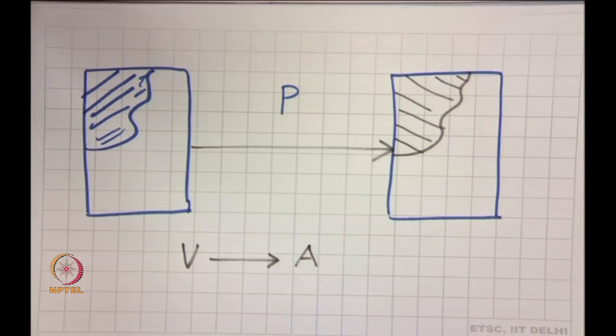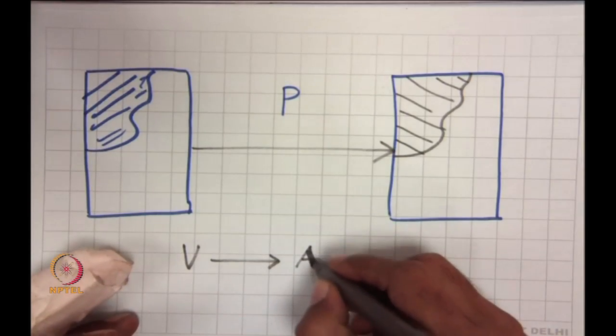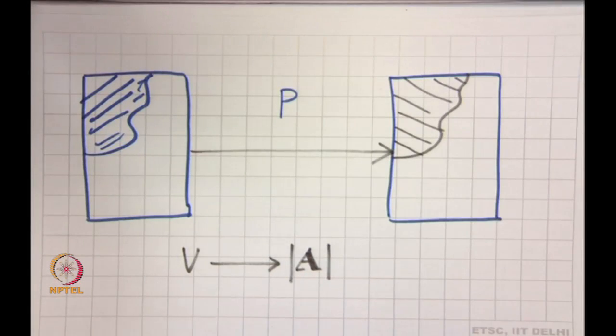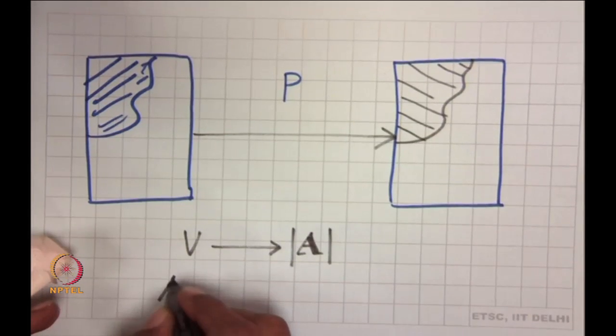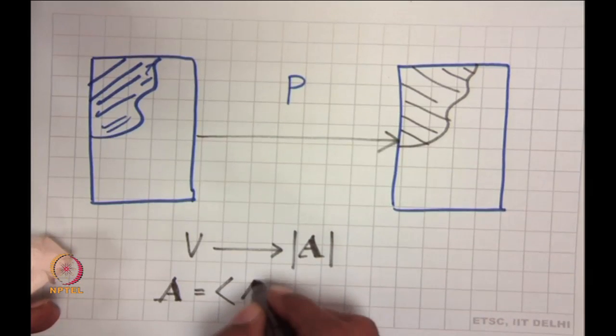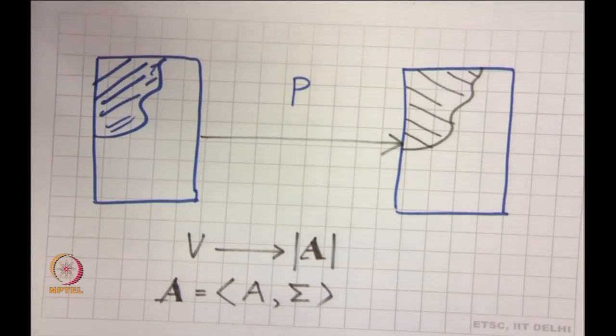So, you have a domain, you have a domain bold A, and essentially take the carrier of this bold A. So, your bold A is essentially something of this form, there is a carrier A and based on sigma, right, on your signature sigma.